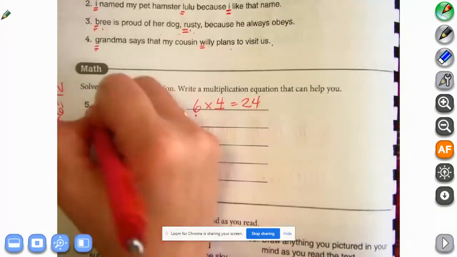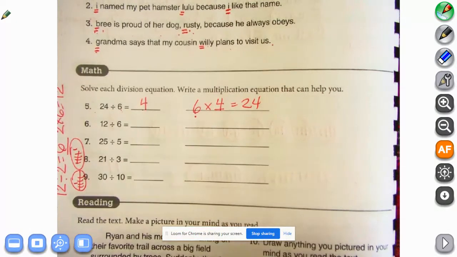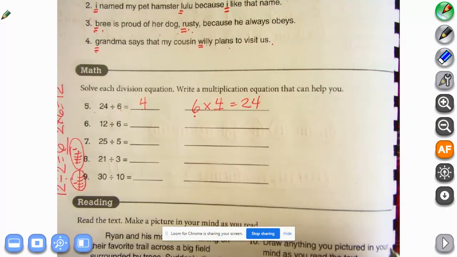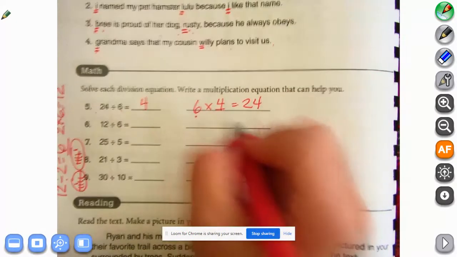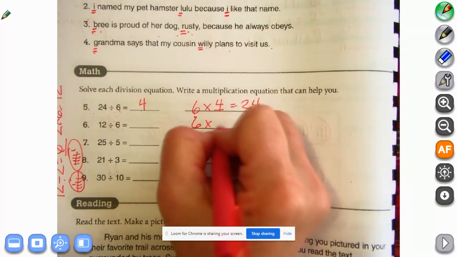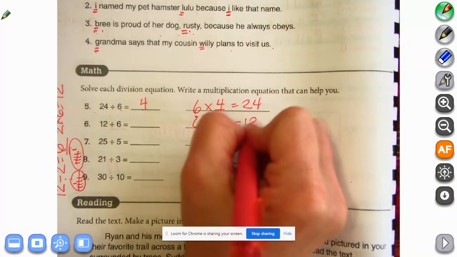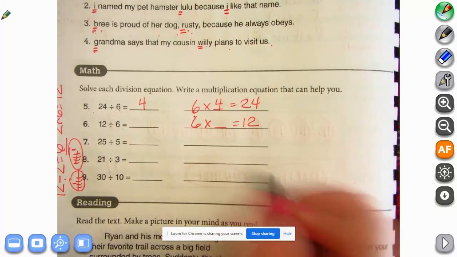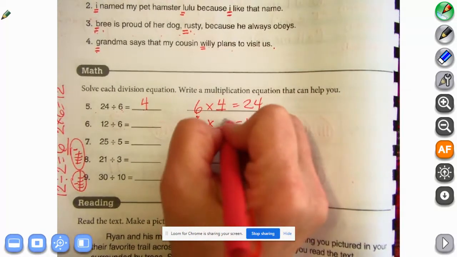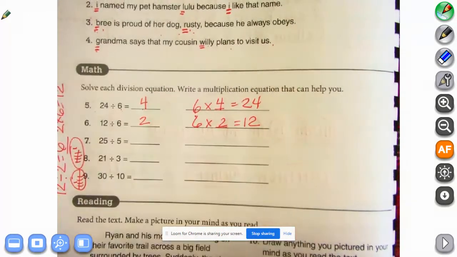So that means that 24 divided by 6 is 4. 12 divided by 6 is the same as 6 times what equals 12? 6, 12. That's 2. Counted 2 times, so that would be 2.